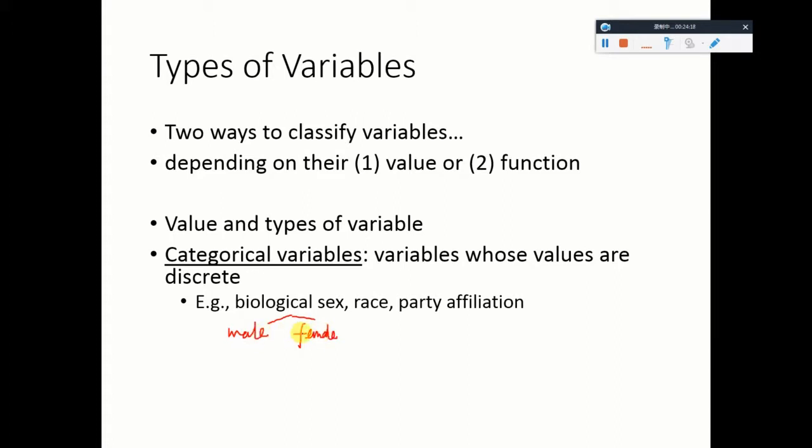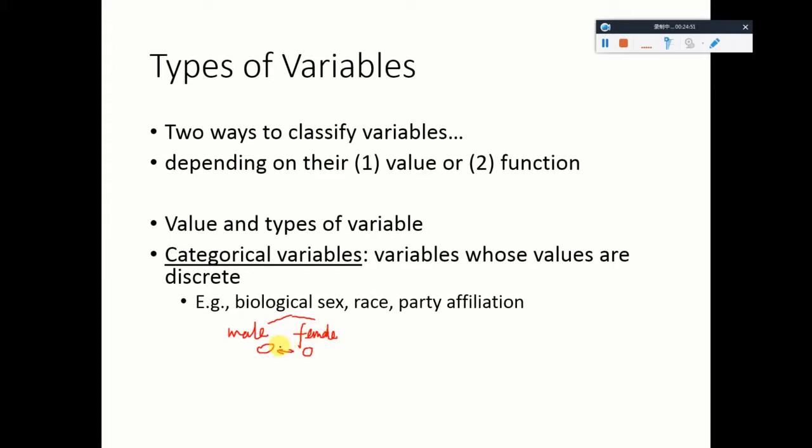Now, these two values, we call them discrete values because they don't overlap. They are two separate entities. They are mutually exclusive, meaning you're either a male or a female. There's no middle ground. I mean, again, 99.9% of the time, right?